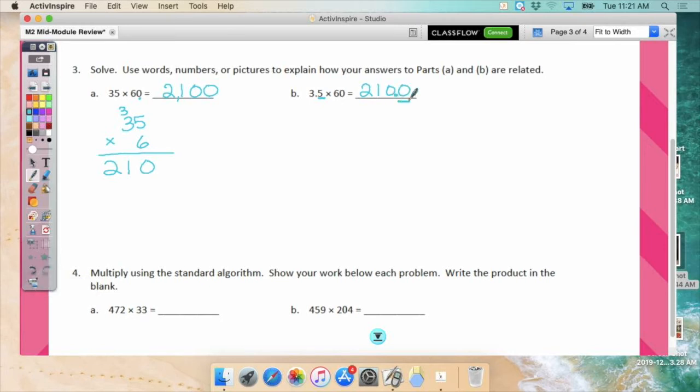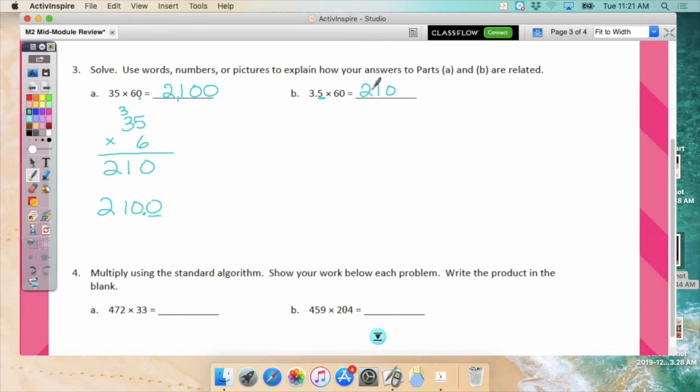Underline. And then erase the 0 and the decimal. Okay? Another way to do it, you could rewrite 2,100, place your decimal, and then write the answer.